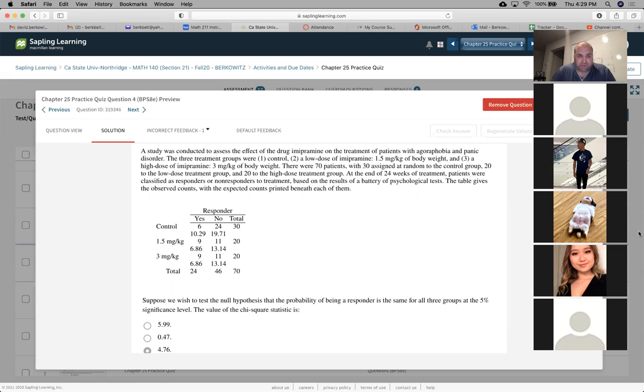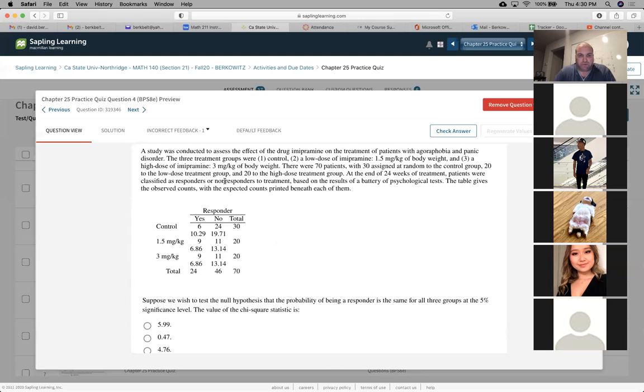There were 70 patients, with 30 assigned at random to the control group, 20 to the low dose treatment group, and 20 to the high dose treatment group. At the end of 24 weeks of treatment, patients were classified as responders or non-responders to treatment. So there's 3 groups: control, low dose, high dose, and either they were a responder, or no, they were not a responder. So we have 6 cells of data: 6, 24, 9, 11, 9, and 11.